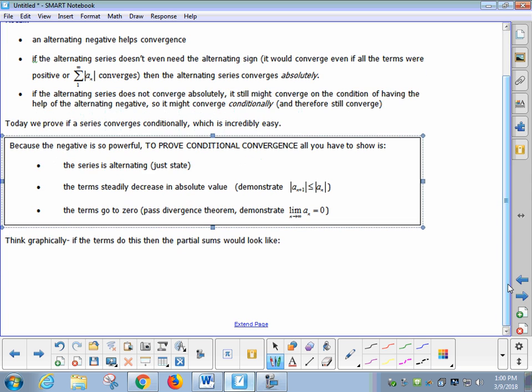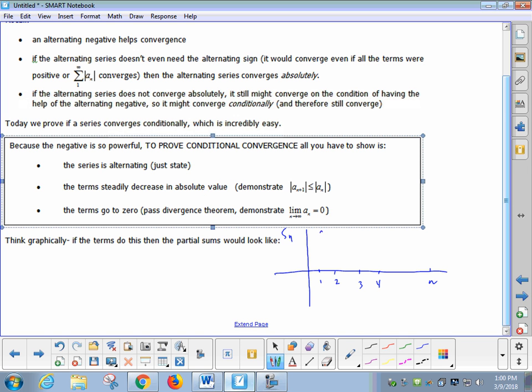Now then, let me show you a picture to help communicate why these things need to be true. Imagine if we looked at a partial sum graph, so that as I added more and more terms, I would chart the partial sums of the first term, second term, and so on. Say the first term was some positive number.